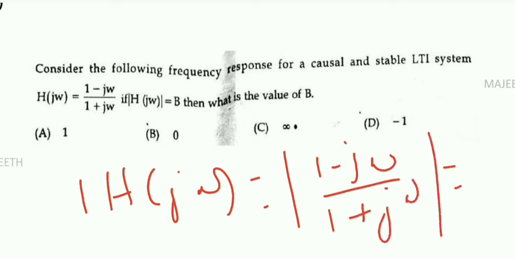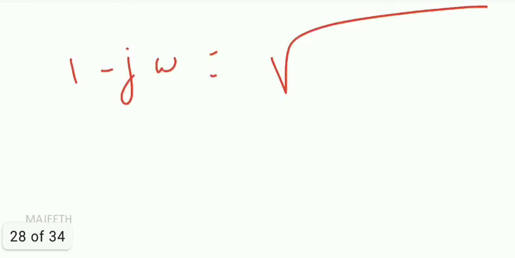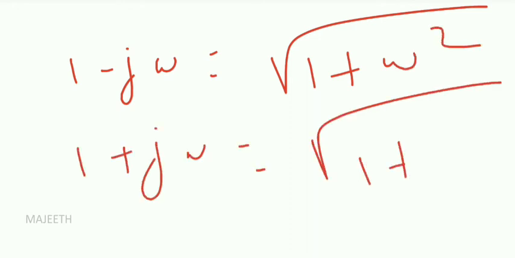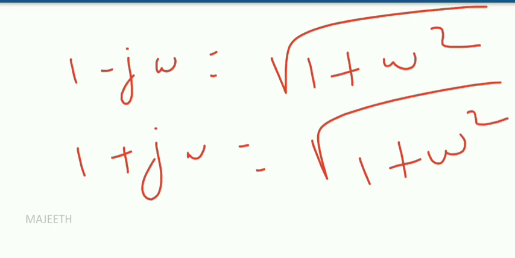The numerator and denominator are conjugates of each other, so the magnitude is always 1. So b is equal to 1. If you have any doubt, the magnitude of 1 minus j omega is the square root of 1 plus omega square. The magnitude of 1 plus j omega is also the square root of 1 plus omega square. So numerator by denominator is 1.